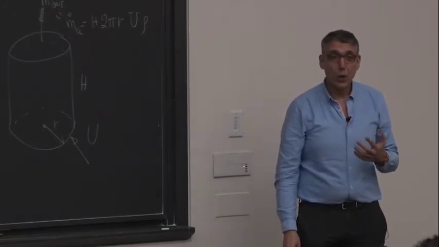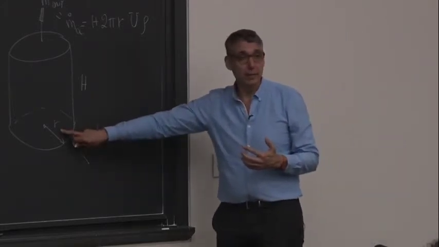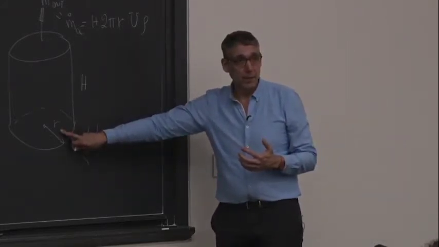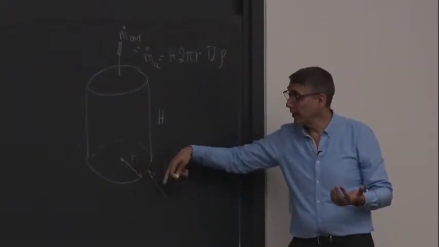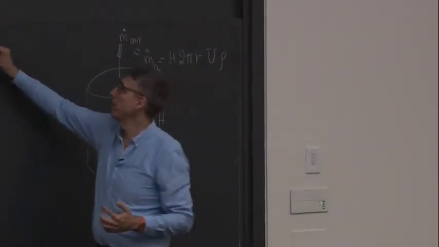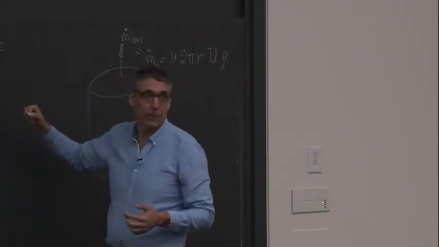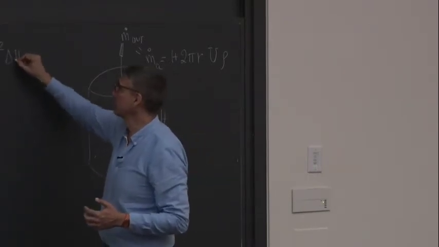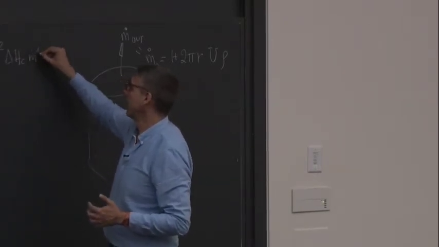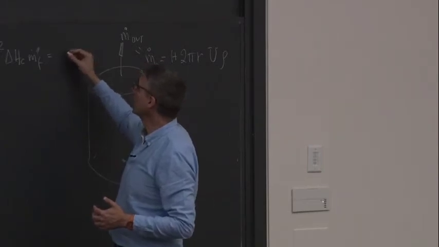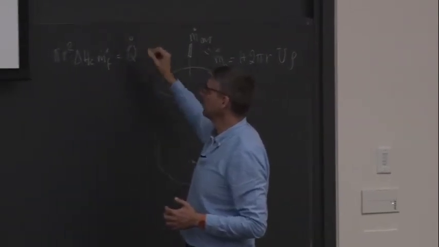Okay. So let me now define the radius. Okay? So the radius, effectively, pi r squared is the area times the heat of combustion times some burning rate is going to be equal to the heat release rate.